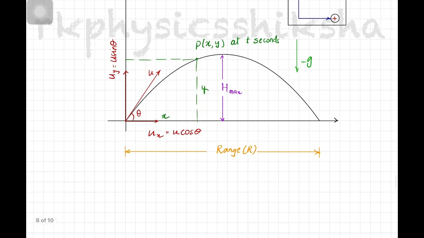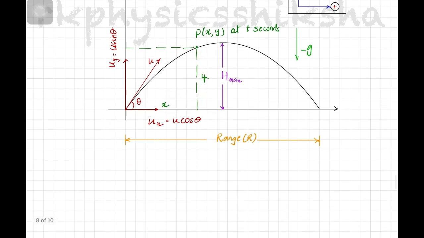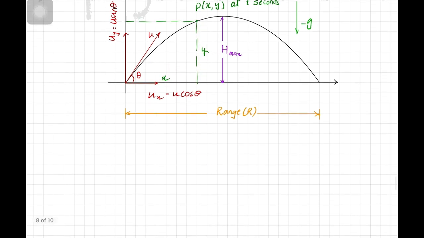Now, for calculation of x, the horizontal displacement, I use the horizontal equation of motion: Sx is equal to ux into t plus half into ax into t square.